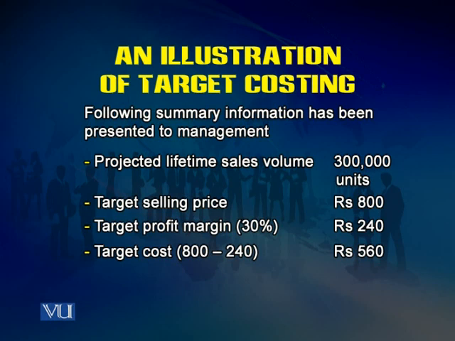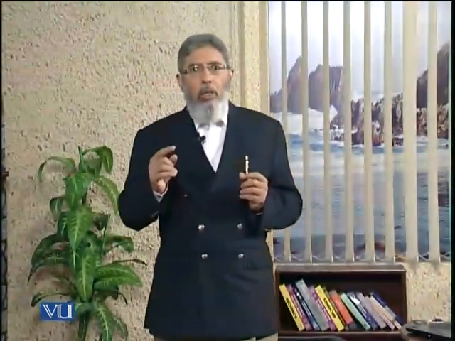So 560 is the cost per unit. The projected cost is rupees 700. So here in our example, the projected cost of 700 is more than the target cost of rupees 560 per unit. The 560 has been arrived at by deducting 240, which is the 30% profit margin, from the selling price of 800.